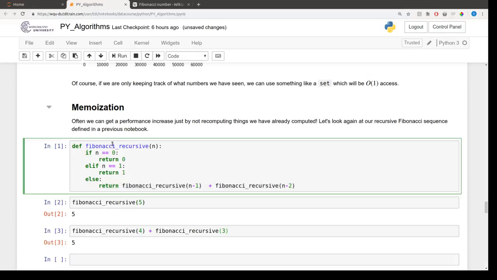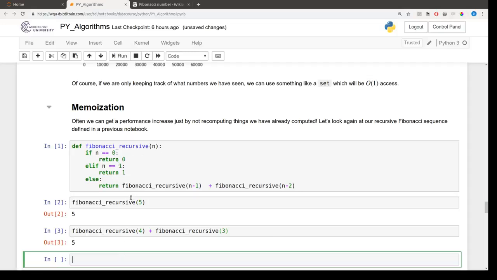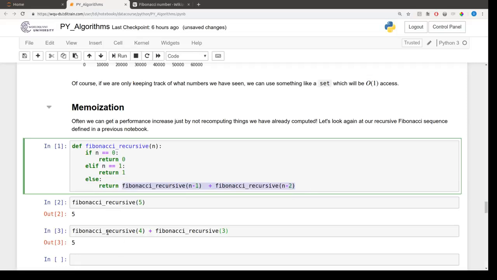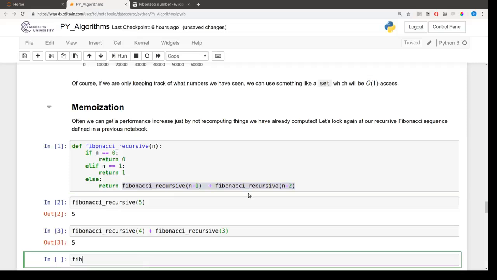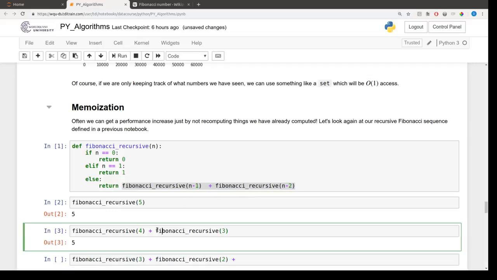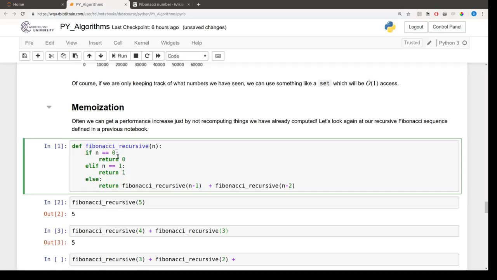So we make a call to this with 4, which is not 0 and not 1. So for this call, we end up with Fibonacci recursive 3 plus Fibonacci recursive 2. And on the right-hand side of this addition, 3 is not 0 or 1, so we would end up with Fibonacci 2 and Fibonacci 1.